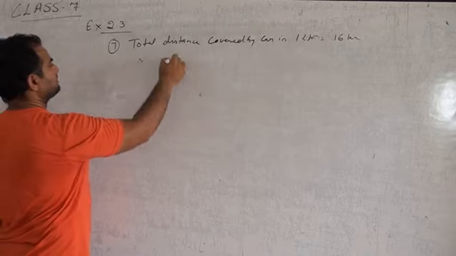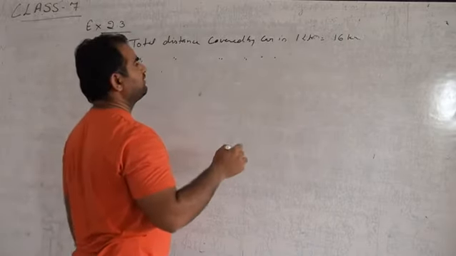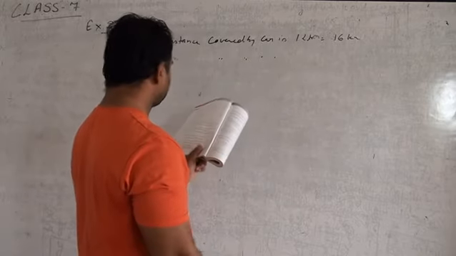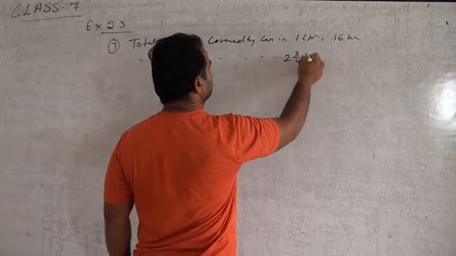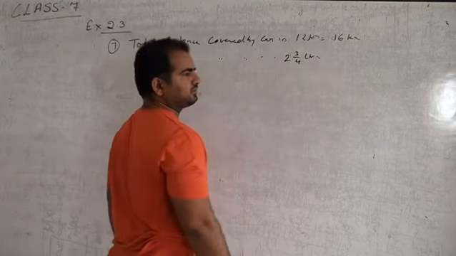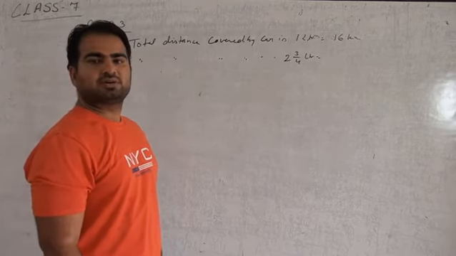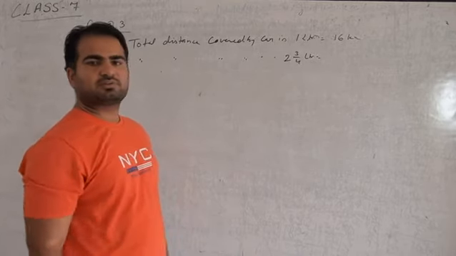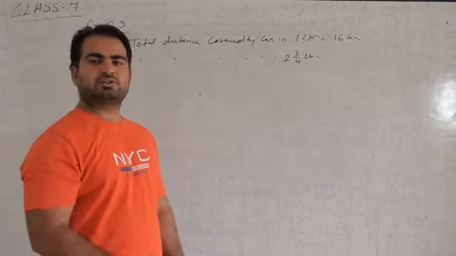Total distance covered by the car in how many liters? 2 3/4 liters. So what we have to do is, in 1 liter it goes 16 kilometer. In 2 liters it will go 16 into 2 kilometer, and in 3 liters 16 into 3 kilometer.